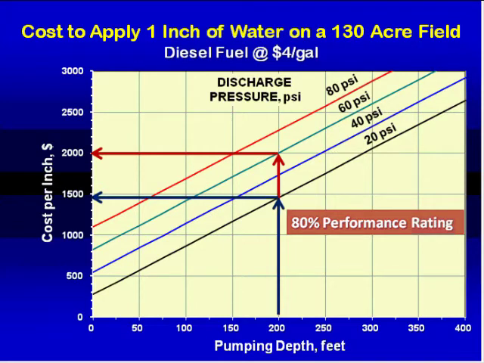If we then look at a different alternative where the pressure on the irrigation system is reduced to 20 psi, the pumping lift should not be changed as long as the flow rate remains the same. As we do that, we're going to drop from the $2,000 down to about $1,450 to put on an inch of water.